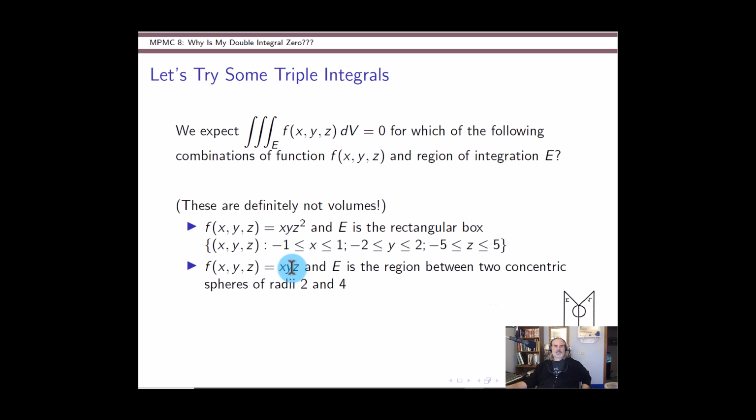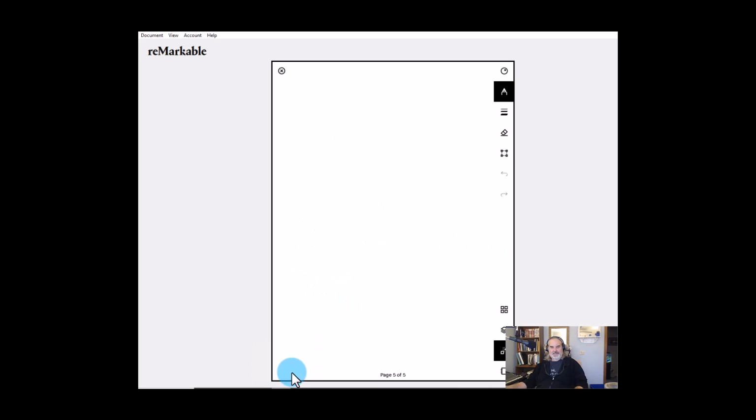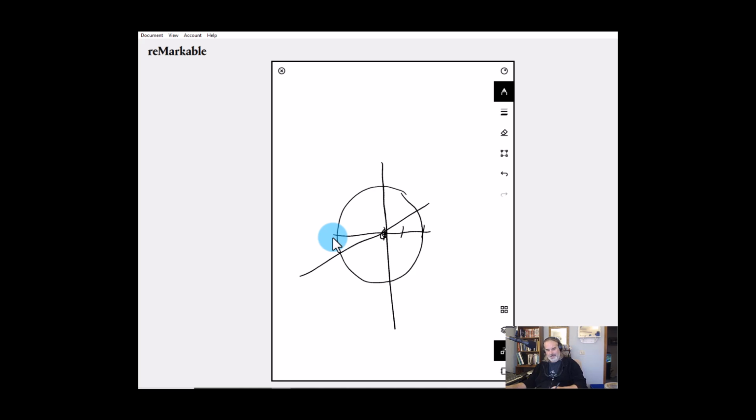F of x equals x, y, z, and we're now over 2 concentric spheres of radius 2 and 4. Okay, I'm gonna regret this, but let's give it a shot. There's the origin, and the sphere of radius 2. Okay, it's not terrible so far, but here it's going to get pretty awful.